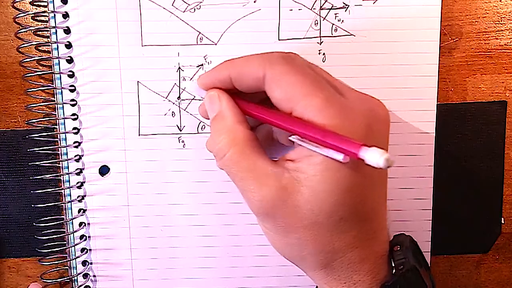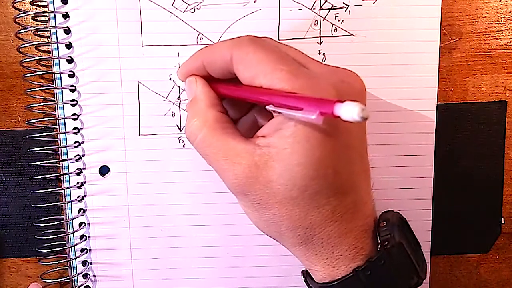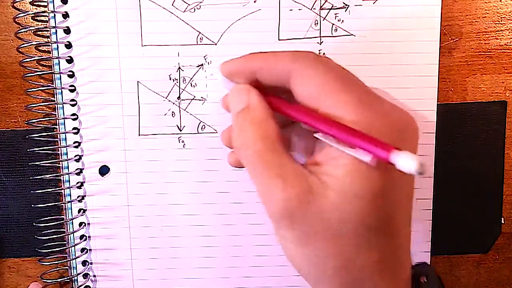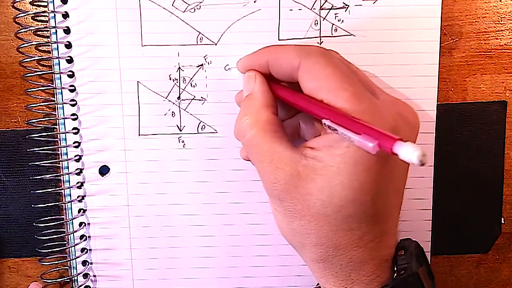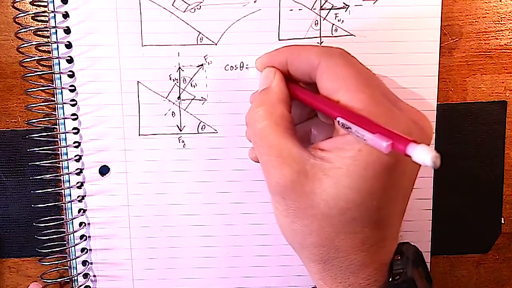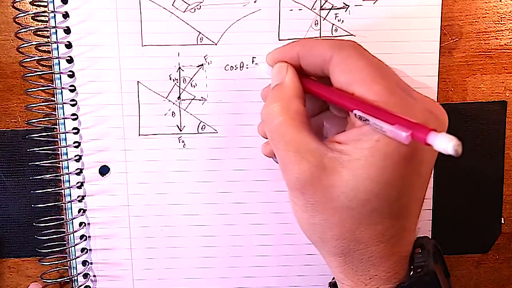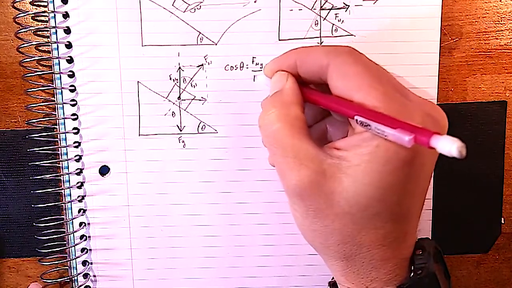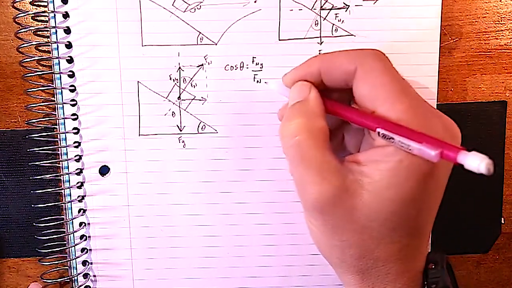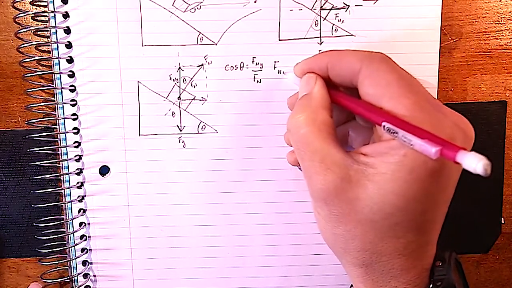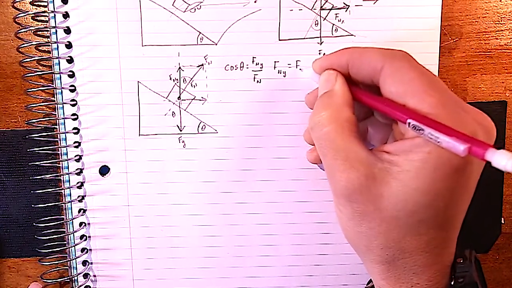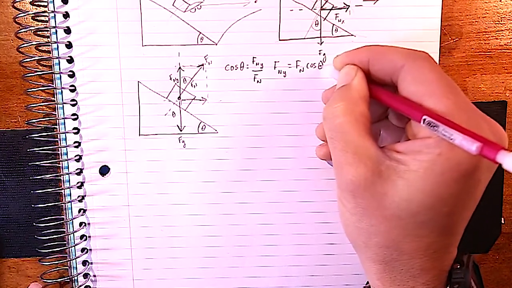So if we're looking for Fny, we can do cosine theta. So we can say cos theta is equal to adjacent over hypotenuse. In other words, cross-multiplying, Fny is equal to Fn cos theta.